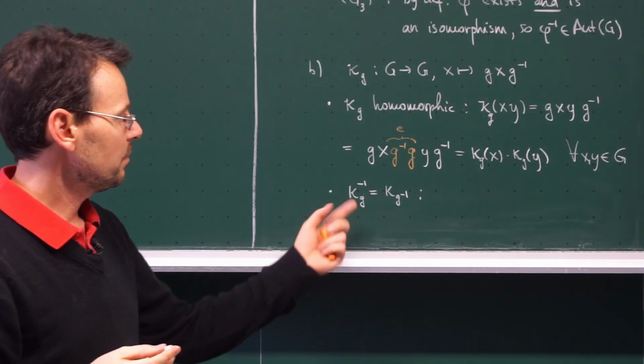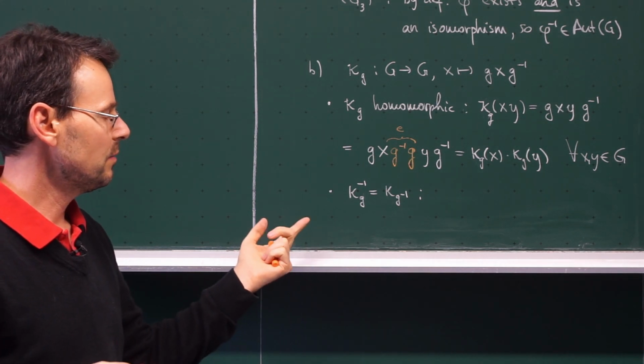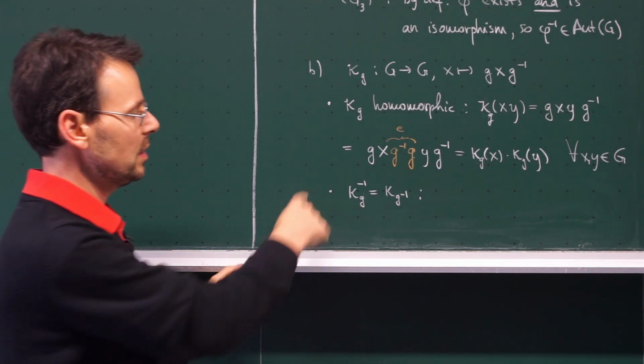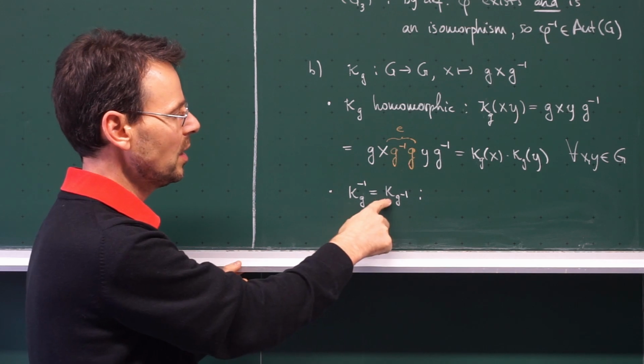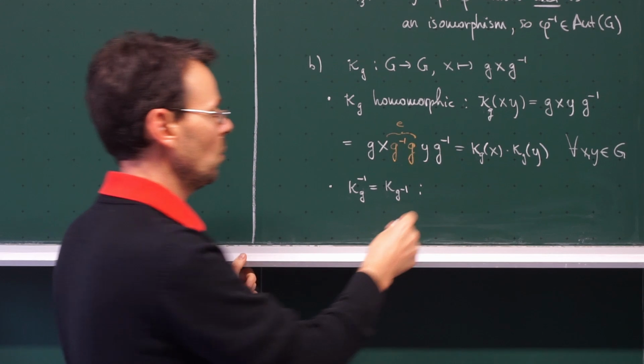But this is not enough. We also need to show that it is an isomorphism, so that it has an inverse map. Now my claim is the inverse of kappa sub g is simply kappa sub g inverse.